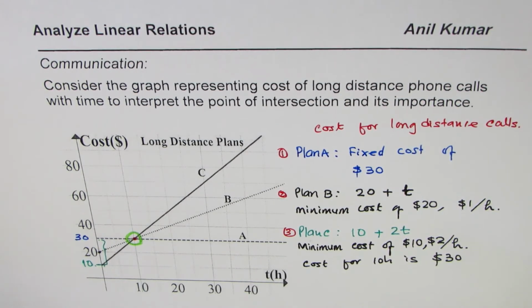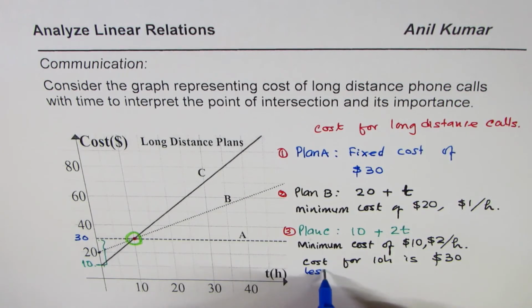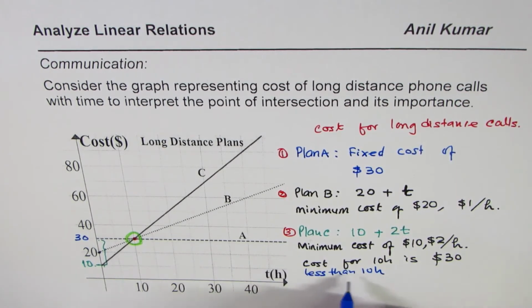Now, what is the significance? The significance could be interpreted as follows: if you are talking less than 10 hours, which is a better plan? If you talk more than 10 hours, what is the best plan? Correct?